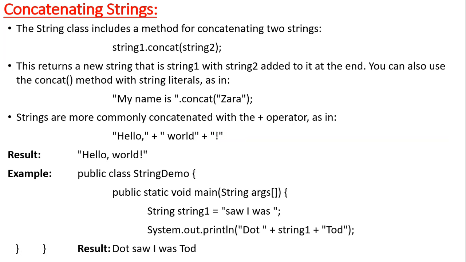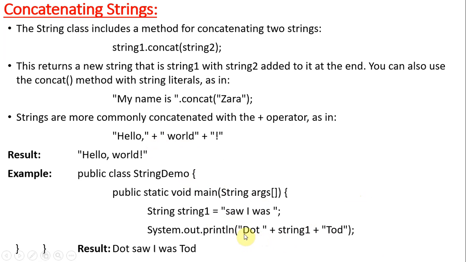You see this in the C language. In between the string literals you can use the plus operator, which is simply called concatenating of strings. We have an example here. That's why we use a plus in System.out.println also.